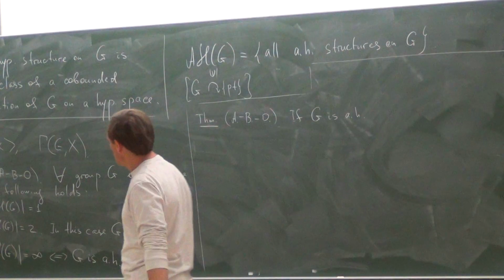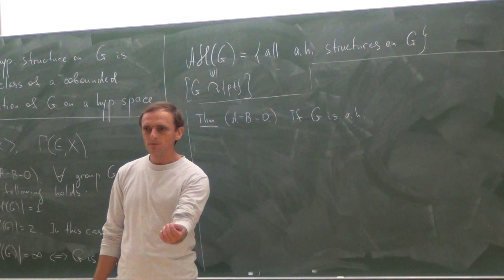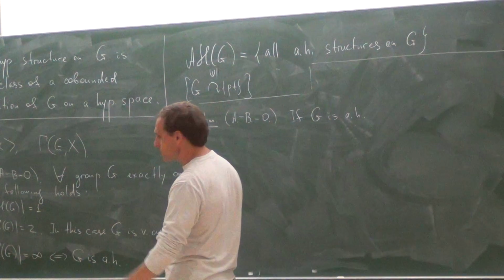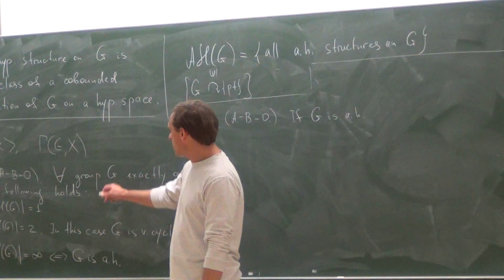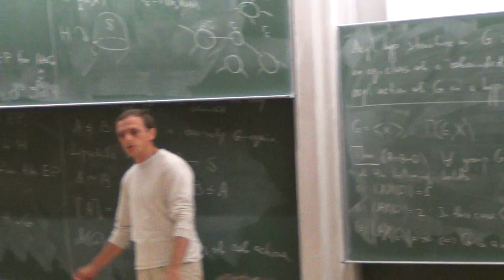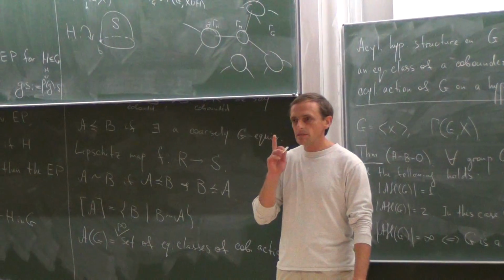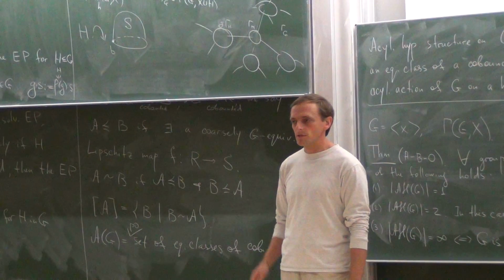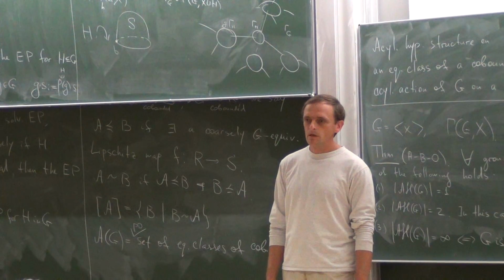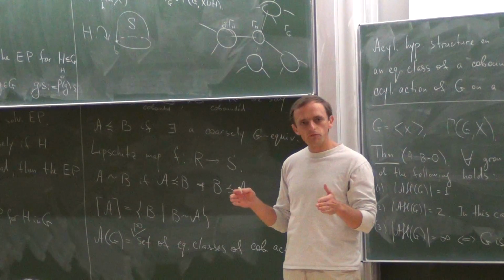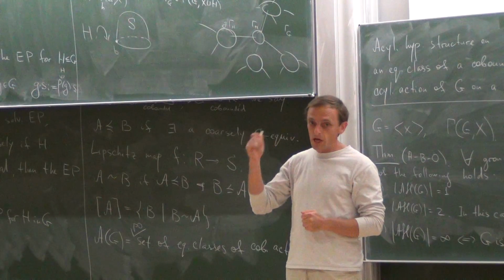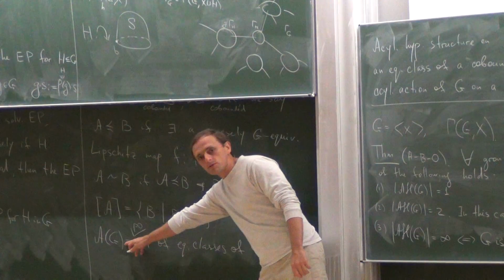Well, the trivial action on the point is always the smallest element, right? Now, it turns out, and this is true for any countable group, if G is a countable group, then this set, A of G, contains a maximal element, not necessarily largest, maximal element, if and only if G is finitely generated. And in fact, in this case, the action of G on its locally finite Cayley graph is a representative of the largest element in this partially ordered set.